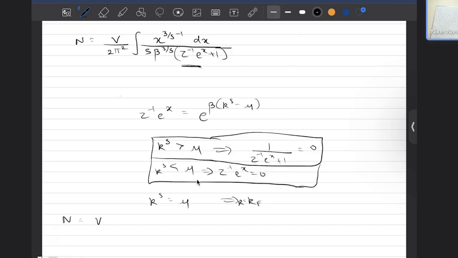So n is simply v divided by 2s pi square beta power 3 by s. This integral, as I said, goes from 0 to kf only. And the same thing, x power 3 by s minus 1. So it's just x power 3 by s divided by 3s. So s gets cancelled. Just 0 to kf.